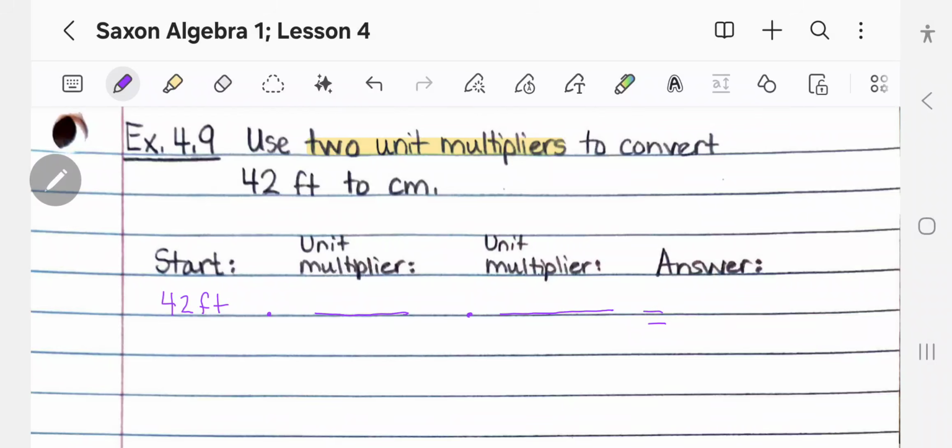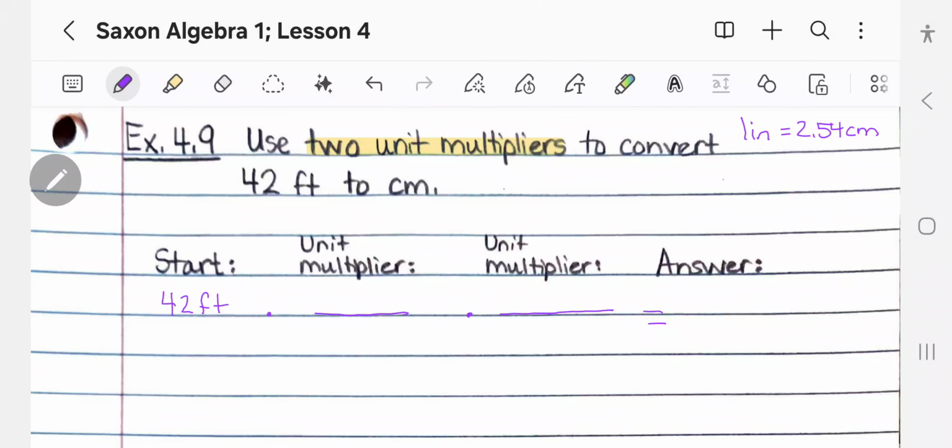Now, why do we need 2 different unit multipliers? Well, the reason is because we've got 2 different systems here, and it's going to take 2 changes to get it into the other system. And here's why. We know from earlier that 1 inch is equal to 2.54 centimeters.